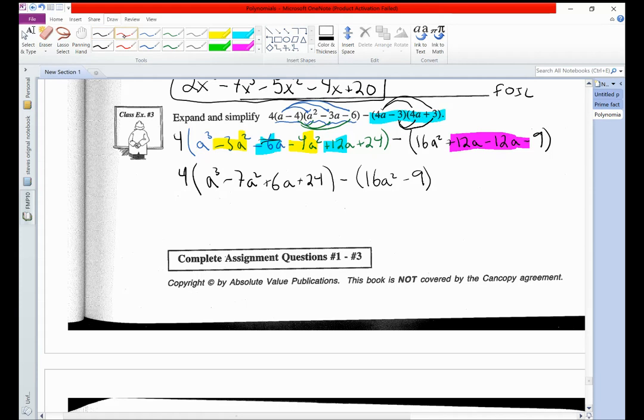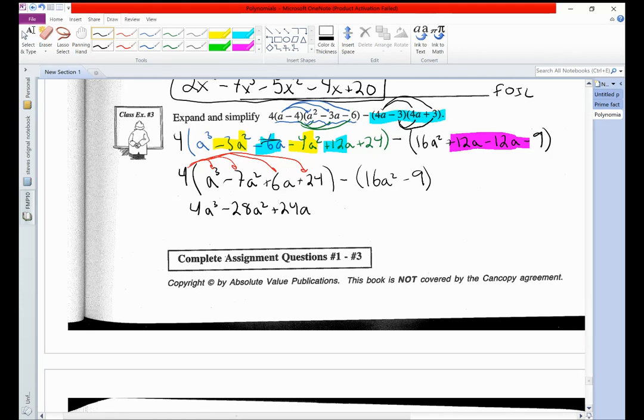All right, the next thing I want to do is multiply this 4 into every term in these brackets. That 4 is multiplied by that term right there, so we can rewrite that as 4a cubed minus 28a squared plus 24a, right? 4 times negative 7 is negative 28. 4 times positive 6 is positive 24.